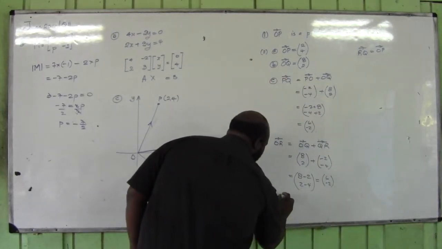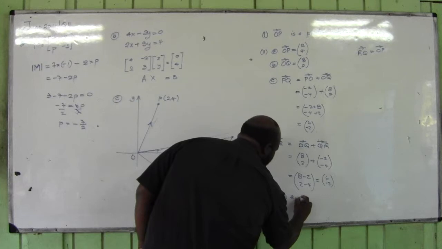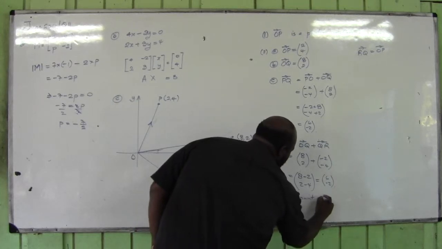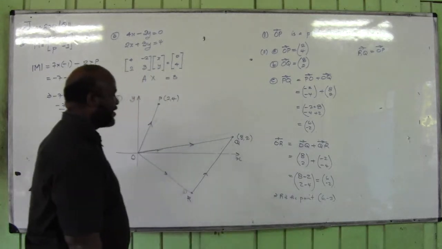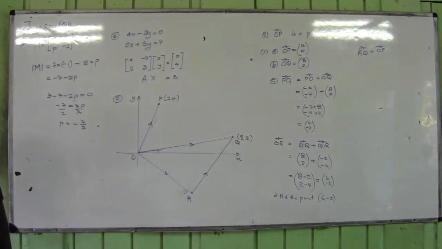Therefore R is the point (6, -2). Why? The coordinate and the position vector have the same value.